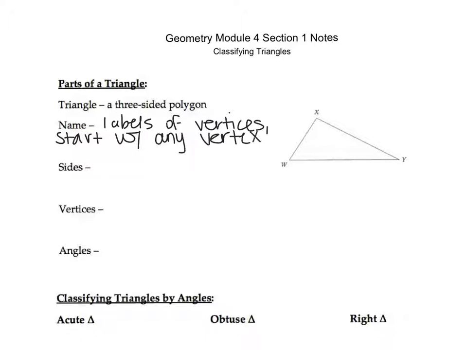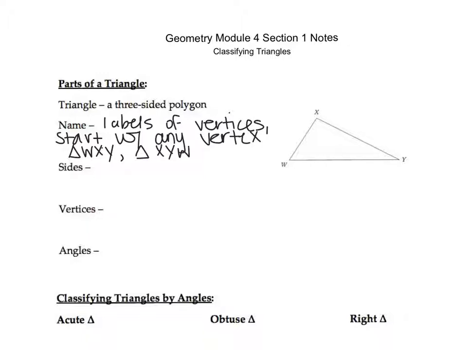So if we're looking at the triangle we have to the right here, there are quite a few different ways we can name this triangle, but I'm just going to list two. One of them would be triangle WXY, and we do use the little triangle symbol to let us know we are talking about a triangle. Another way we could do it is triangle XYW. And as I said, these are not the only two ways to name the triangle, they're just a couple.